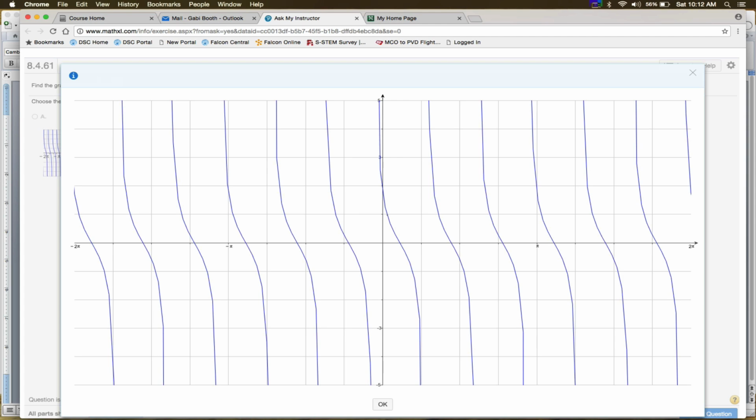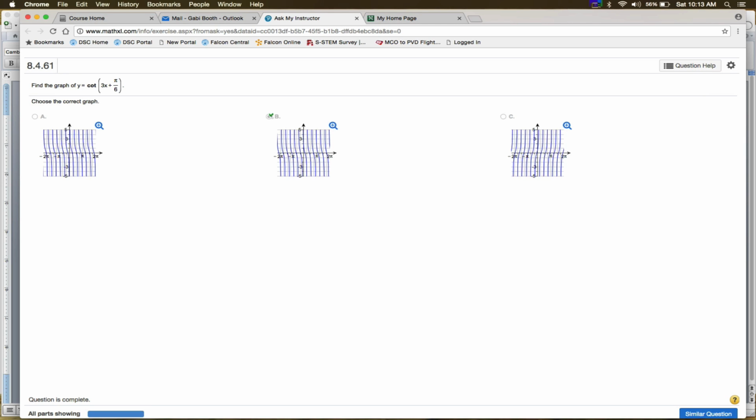Here we have one that was pi over 36. So look at your points that you have, but mainly how I determine which one is the correct graph is I always look at the asymptotes. So B is the correct graph as we have right here.